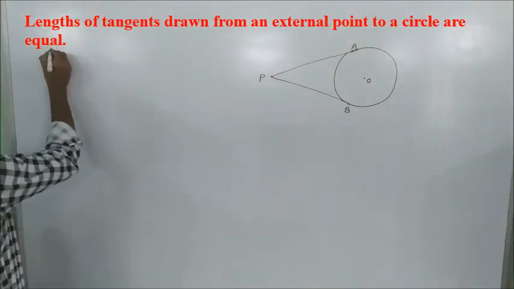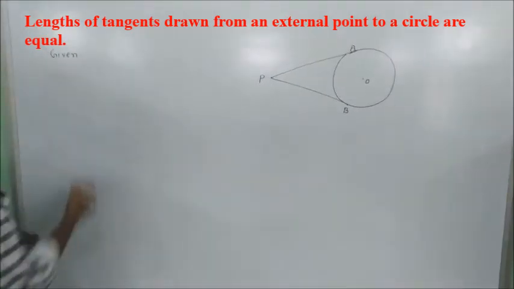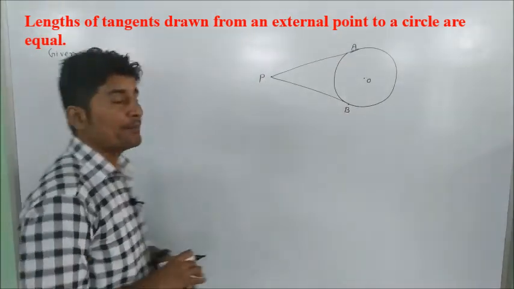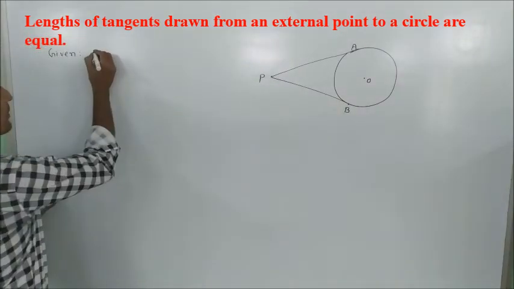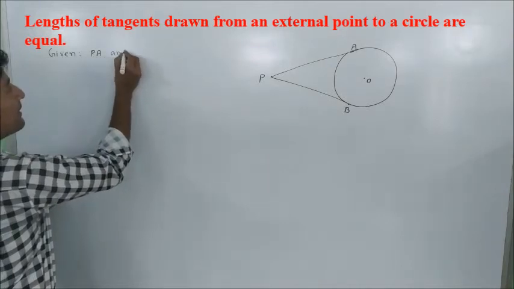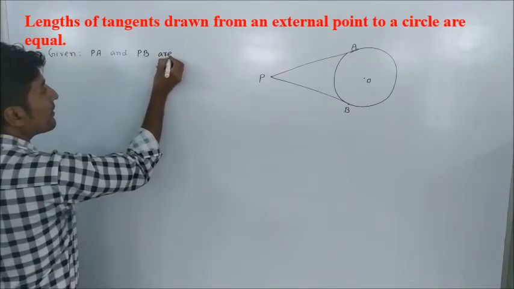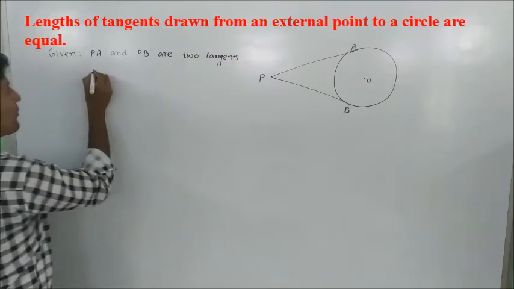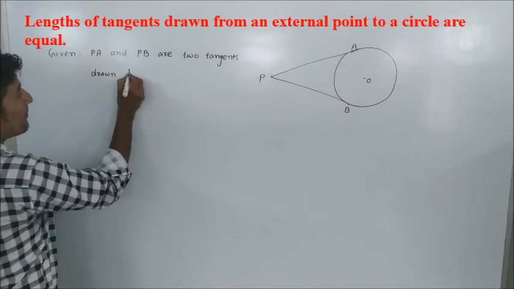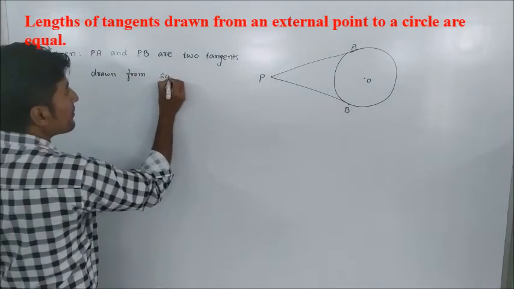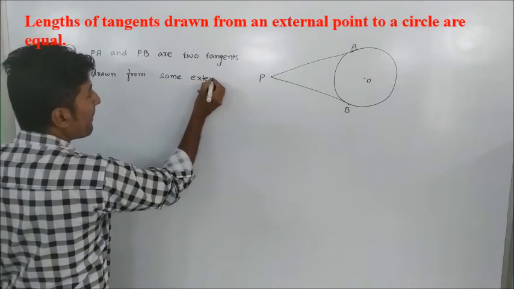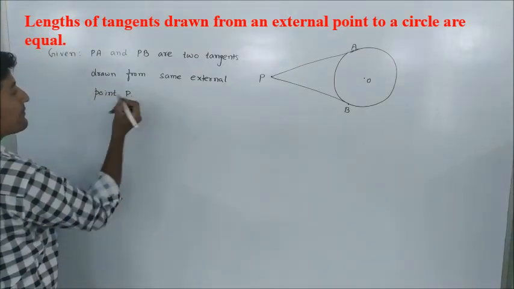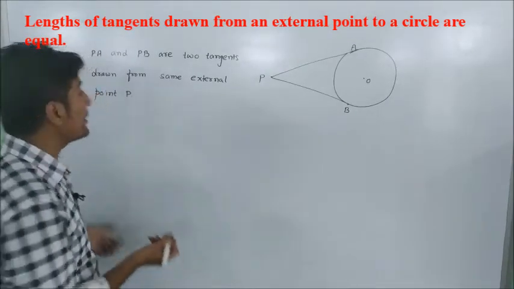First of all, we have to write the given. In given, we have to write down PA and PB are 2 tangents drawn from the same external point P to the circle with center O. After given, we have to write what we are going to prove.